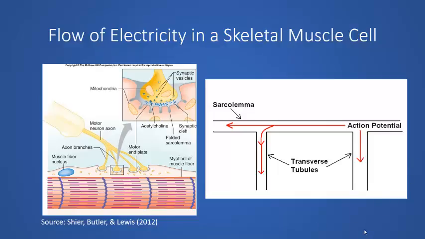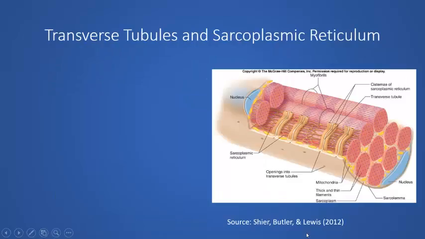Now the next drawing is going to show you a little bit more accurate representation of the actual anatomical structures, and you can see how those transverse tubules allow the electrical signal to travel deep into the muscle cell. On the right is the picture as promised, and you can see the cell membrane, the outermost part of the drawing, and the myofibrils, or the bundles of protein filaments, the actin and the myosin and some other protein filaments that are involved in muscle contraction.